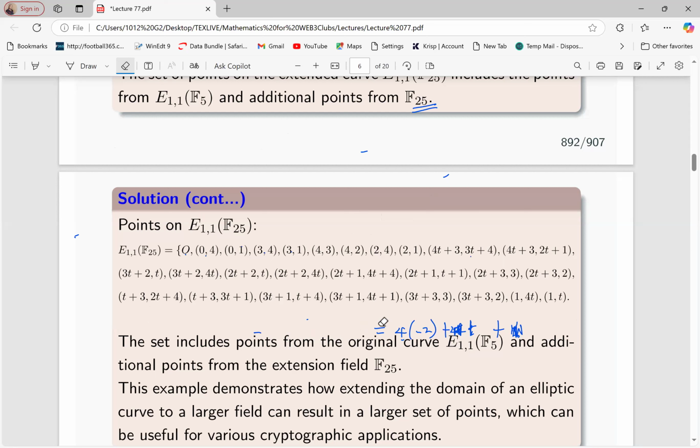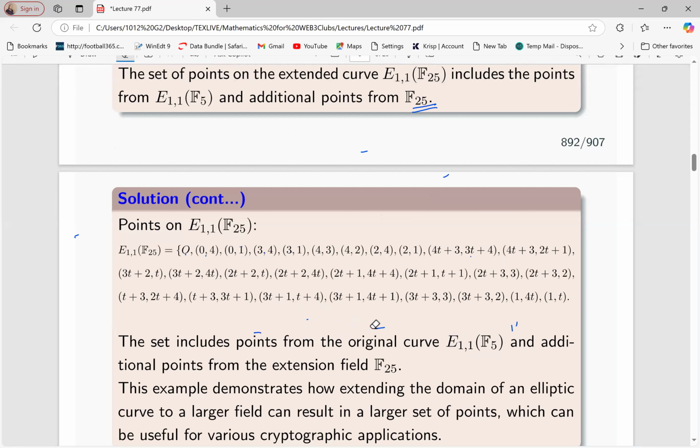So you don't need to worry that you've chosen an elliptic curve that has fewer points. By the knowledge of extension of fields, you can discover that your elliptic curve has so many points. That is why the knowledge of polynomials is very important before doing elliptic curves.